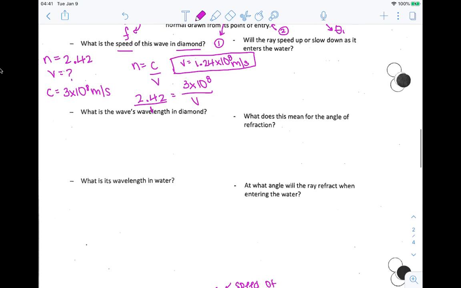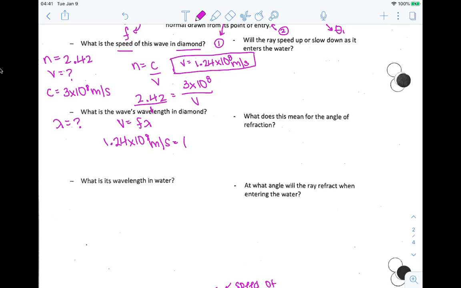Next, we want to know what is the wavelength of this wave in diamond. So now we're looking for lambda. I'm going to use our basic wave equation because we have all of these equations we can possibly pull from. Our speed of this wave we just solved is 1.24 times 10 to the 8 meters per second.